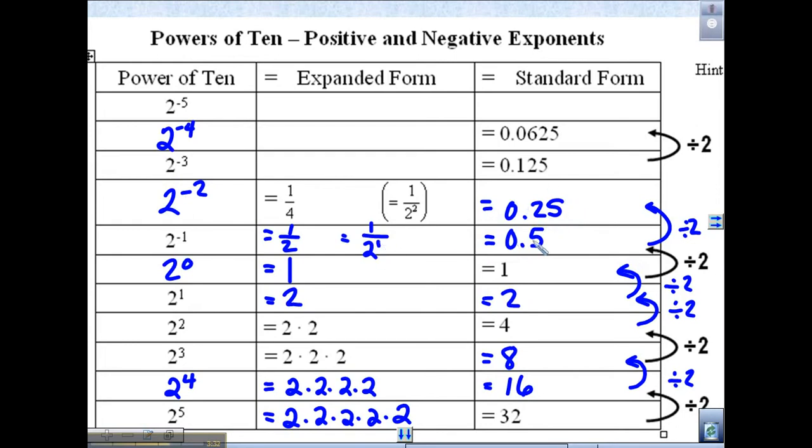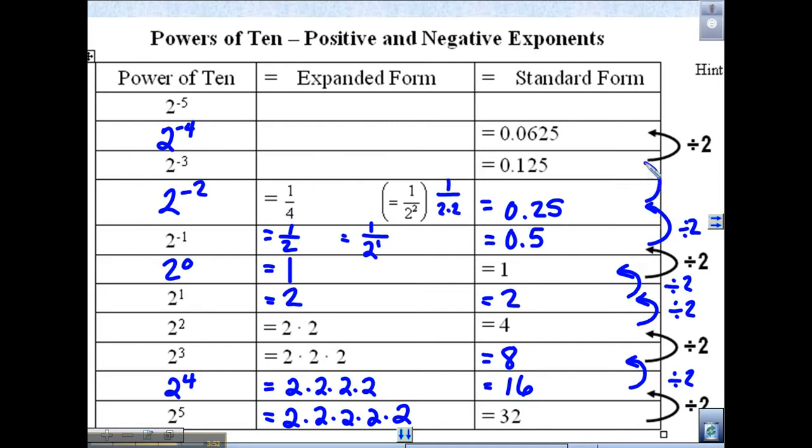What I did was I took 1/2 and divided it by 2. 1/2 divided by 2 is the same as taking half of a half, which is a 4th. And a 4th is the same as 1 over 2 to the positive 2 power. Okay, that's 1 over 2 times 2, which gives you the 1/4.